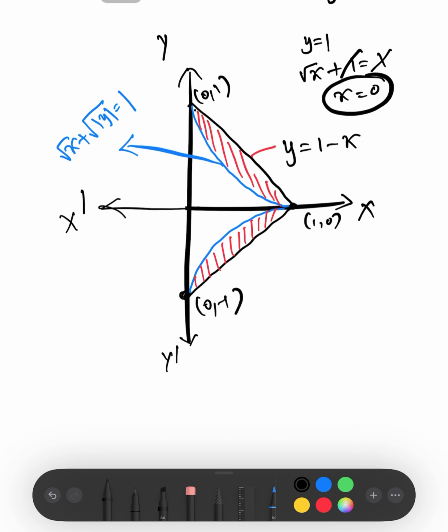Now if you observe this curve, above the x-axis y is positive, so it is root y because of modulus of y. Here y is greater than 0, then modulus of y equal to y. So root y is equal to 1 minus root x, then y equals 1 minus root x whole square.